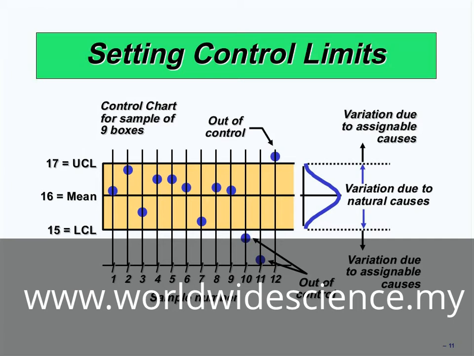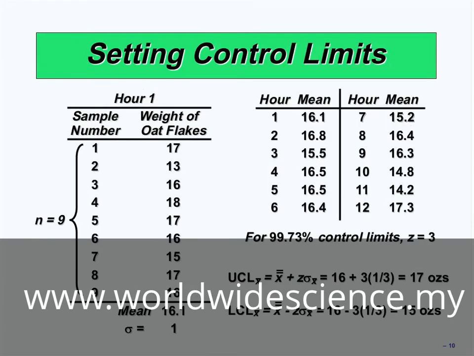In each hour, or in each sampling time, you calculated X bar. You should determine each X bar in each hour according to the table on the right. Look at the table on the right, hour and mean. Hour 1, mean of the 9 cups was 16.1.